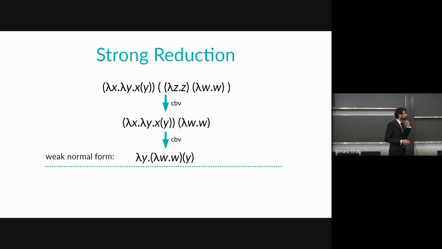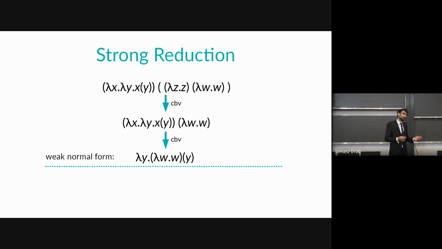And so-called weak reduction stops here because we've reached the lambda function, we've reached so-called weak normal form, and doesn't go there. But we are interested also in full normal forms where no reducible sub-expressions are present.